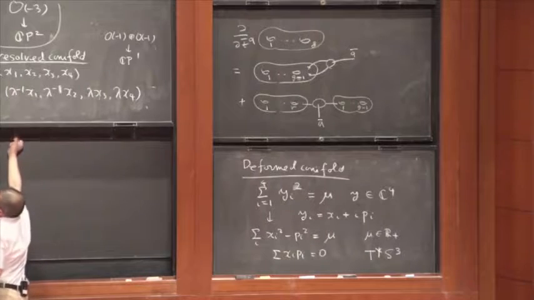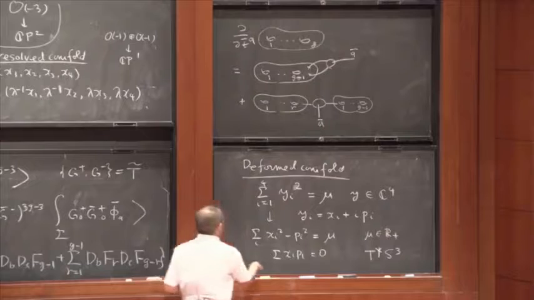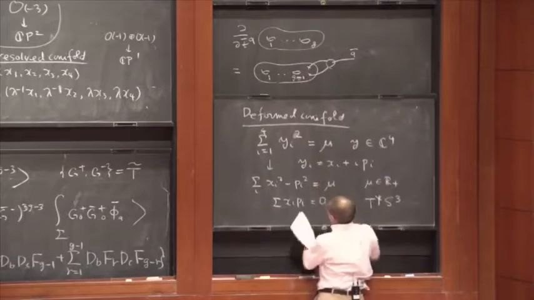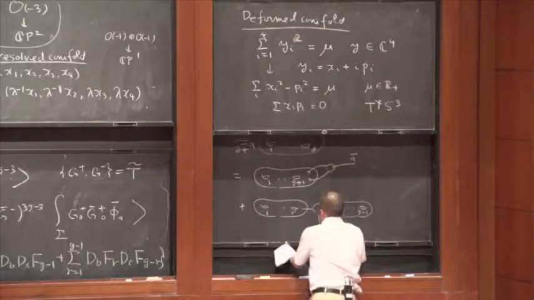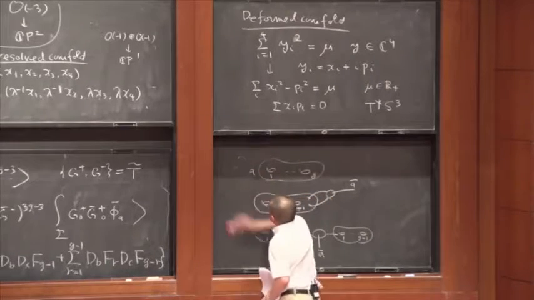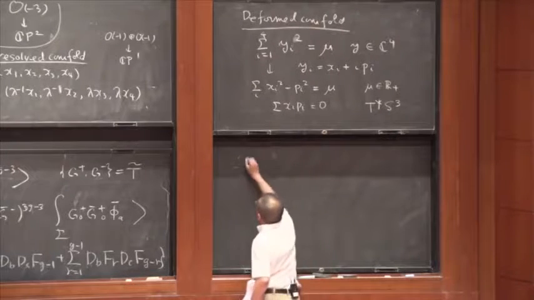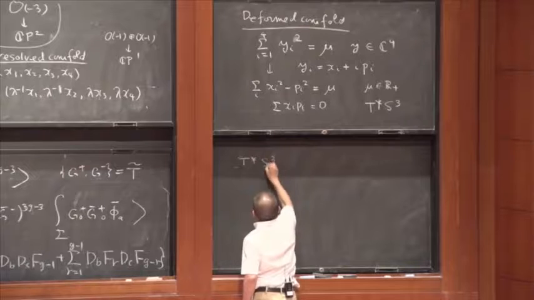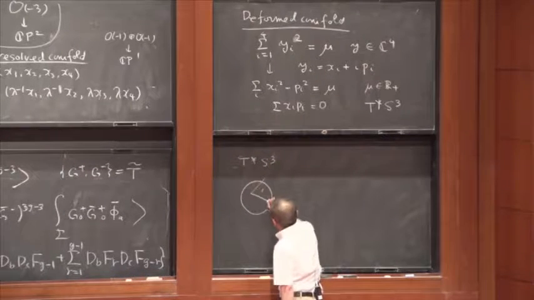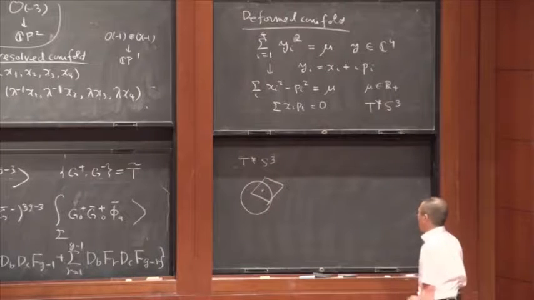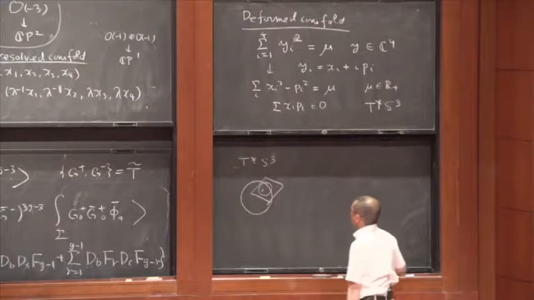There is a nice pictorial way to describe the connection between the resolved conifold and the deformed conifold. Well, if you have T star of S3, you can think of you have a 3-sphere, and at each point you have a cotangent space to it. And in this cotangent space, you can consider spheres that surround the origin.